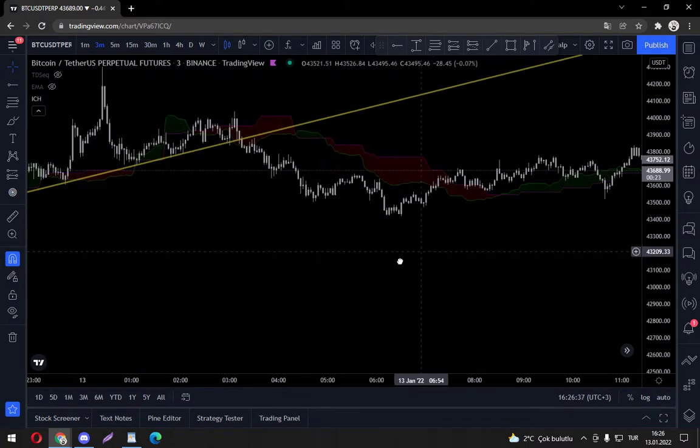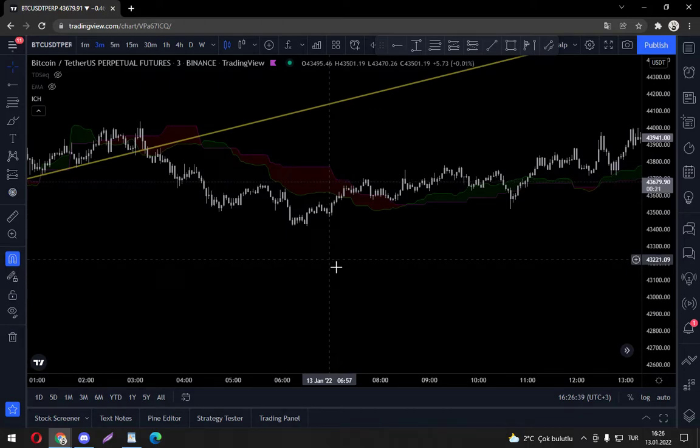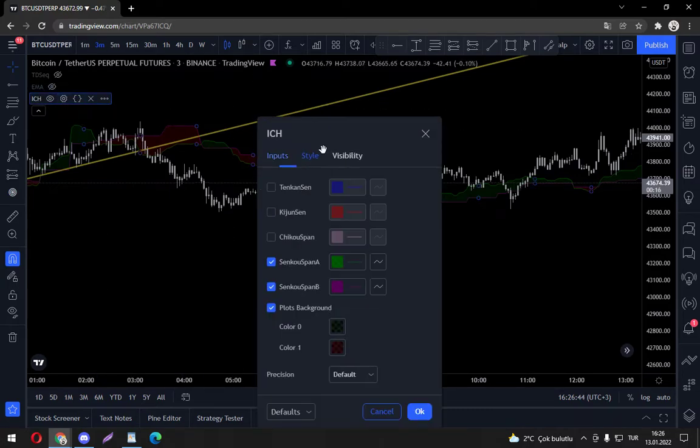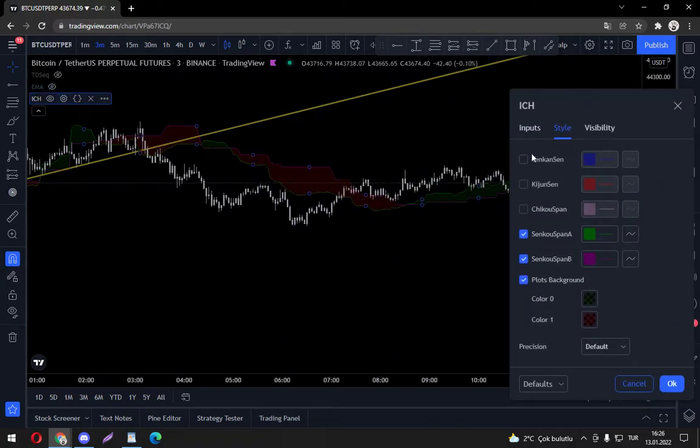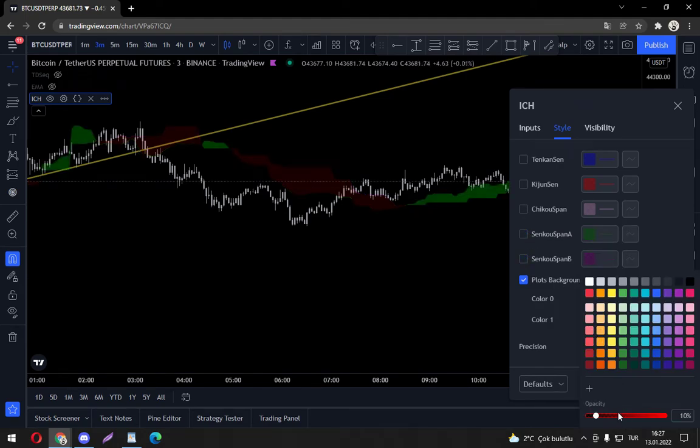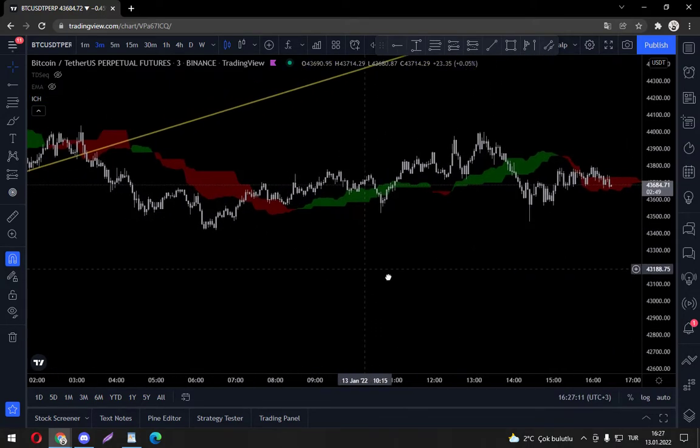Ichimoku is somewhat considered to be a complicated indicator, but it's actually not. As you can see, I closed and am not plotting the other components of it. I only plot the Senkou Span A and Senkou Span B. This is Kıvanç Özbilgiç's version of Ichimoku. You can use any other, it doesn't really matter, default settings. We can close these as well and plot these a bit more vibrant to identify the trend better.